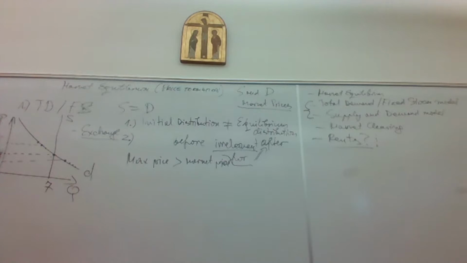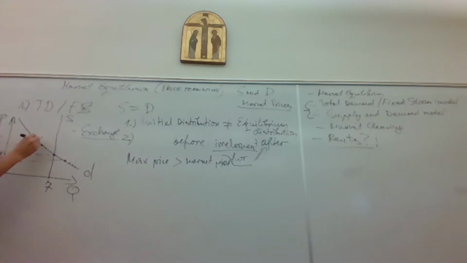And imagine now that for A, the preference for the third unit is still higher than $5, for B it is smaller than $5, and for C it is obviously smaller than $5. What will be the equilibrium distribution of cakes?